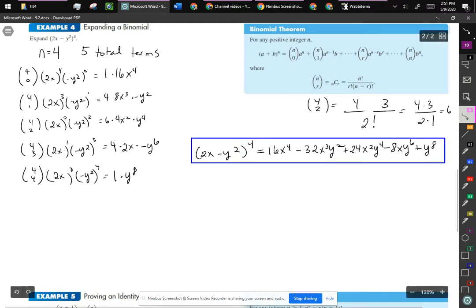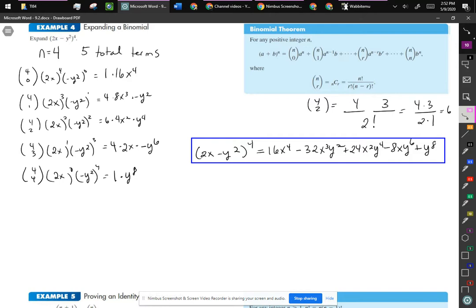So the formula goes top factorial divided by bottom factorial times the difference of top and bottom factorial. Again, here's the top number, here's the bottom number. The formula goes top factorial divided by bottom factorial times the difference of top and bottom factorial.